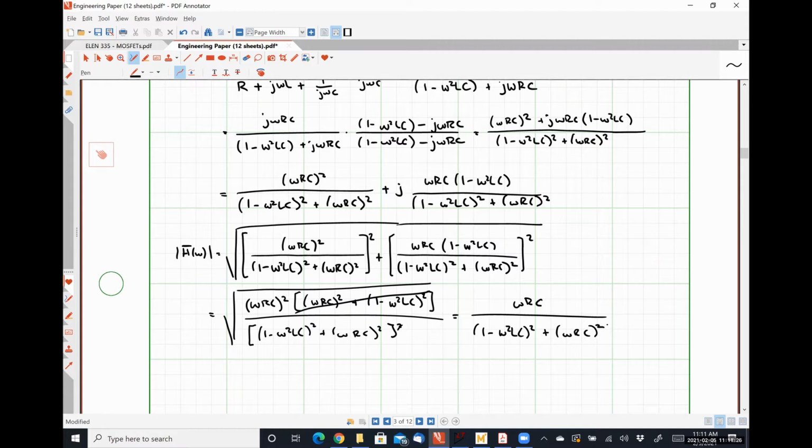Instead of having 1 minus omega squared LC quantity squared, they write it as omega squared LC minus 1 quantity squared. They're the exact same thing, because when you take the difference of those two terms and square it, it doesn't matter if the result was positive or negative. So they represent the same thing. Don't think I'm teaching you wrong because one particular textbook uses it; they're virtually identical.